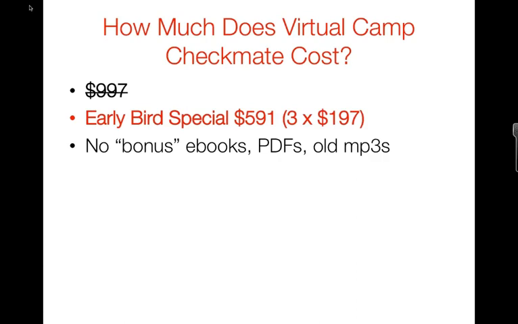And I'm not going to give you any bonus ebooks, PDFs, or old MP3s, just finding things on my hard drive and slapping a price on them, because I want you to stay focused on Checkmate. I don't want you to go through 4,000 pages of good stuff that is not completely relevant. My goal here is to give you as little as possible and make it work as hard as possible for you.